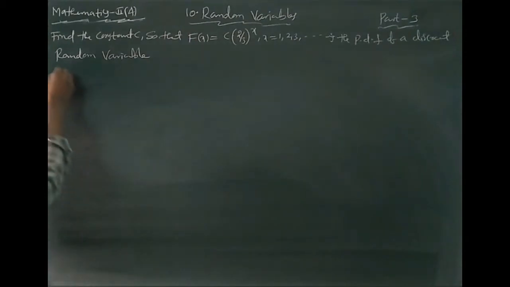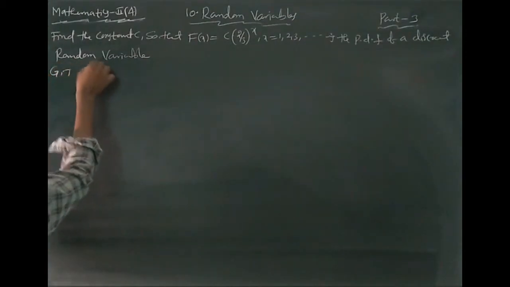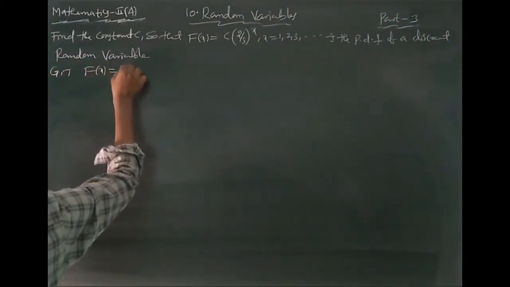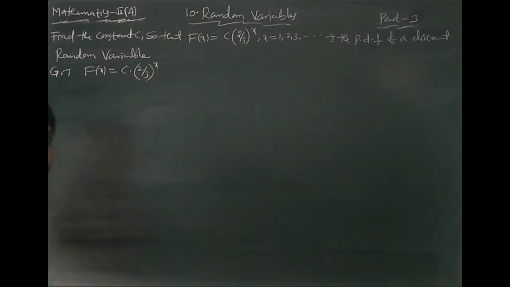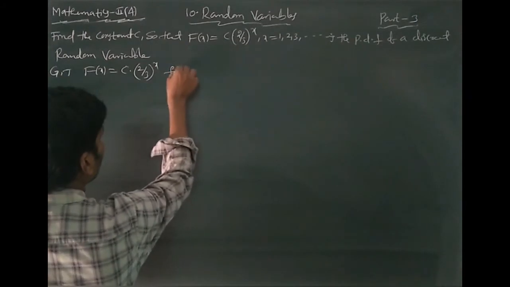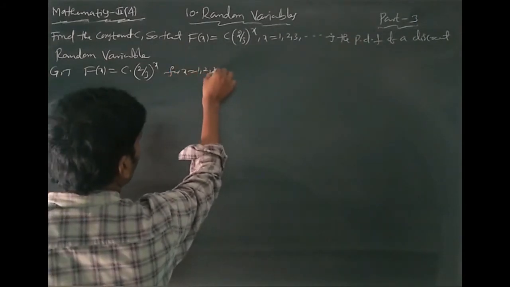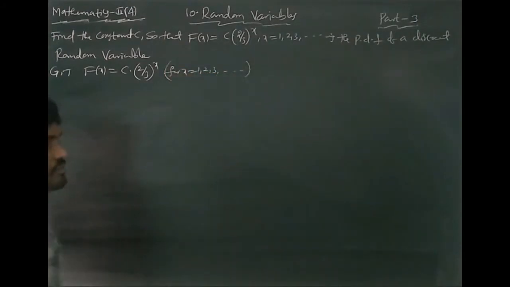First of all, what is given? Given that f of x is equal to c into 2 by 3 whole power x, for x value 1, 2, 3 and so on.